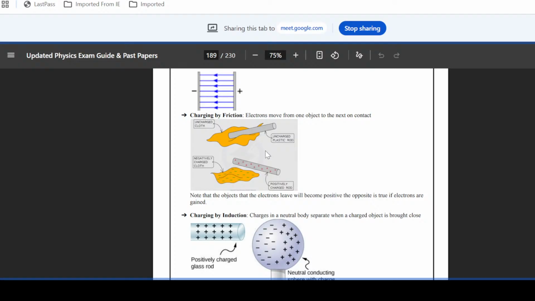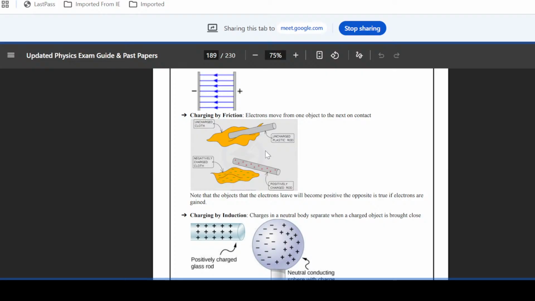When you rub the plastic rod with a cloth, if the cloth becomes negative and the rod becomes positive, it's an indication that the electrons move from the rod to the cloth. When you're doing an explanation for this topic, you'd have to talk about the movement of the electrons. That's charging by friction: electrons jump from one object to the next.